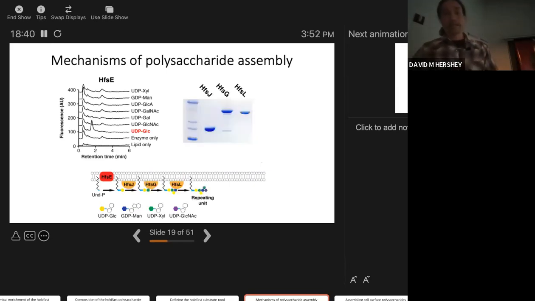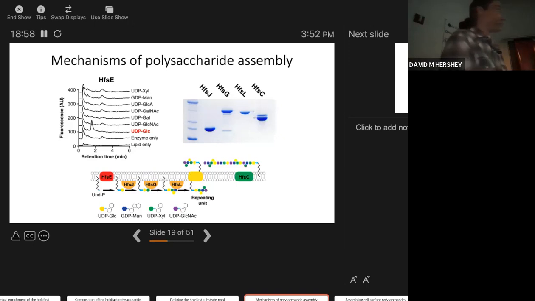And we've purified a number of other proteins in the system. These are the 3 other glycosyltransferases that we think are acting downstream. Eventually what we want to do is scale up this reaction, purify this product, feed it to the next enzyme, purify that product, feed it to the next enzyme, so that eventually we can start reconstituting polymerization in vitro and really start to understand the mechanism of how these polysaccharides are built.